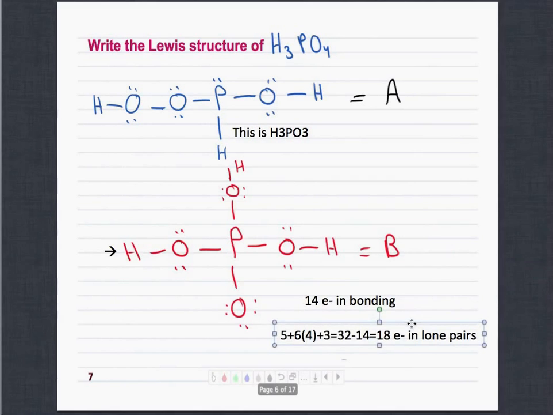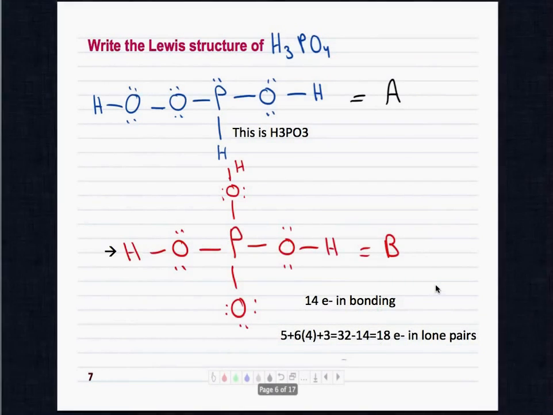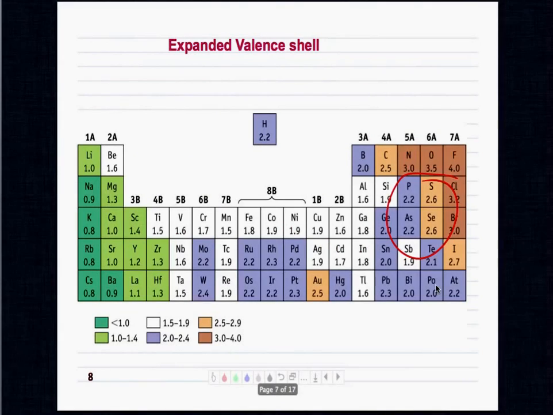Okay. Now, in all of these cases that we talked about, all the elements except hydrogen that we saw obey the octet rule. All of them. We didn't see even one example where the atom does not obey the octet rule. And now, today, we're going to talk about those elements that have an expanded valence shell.